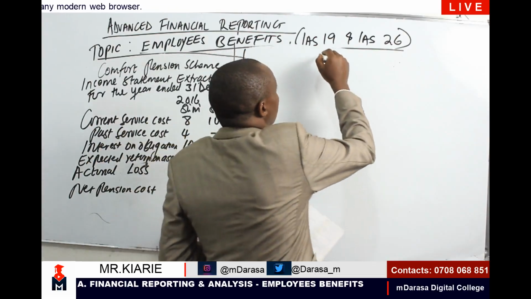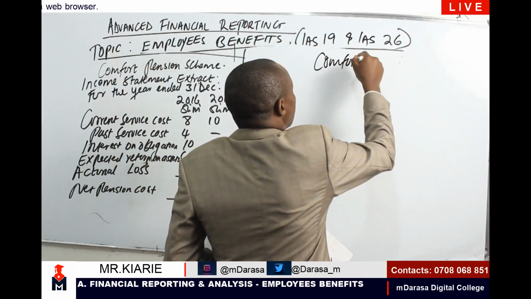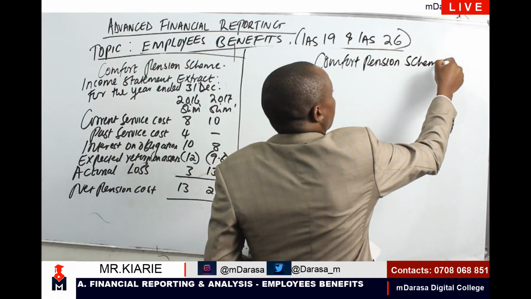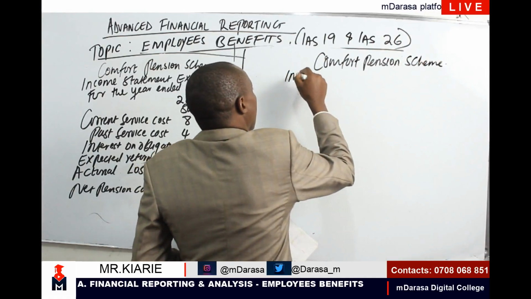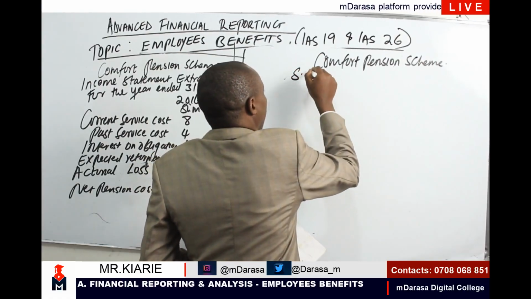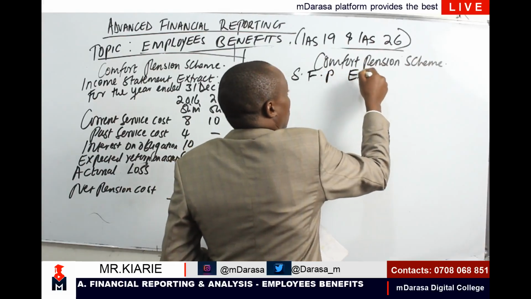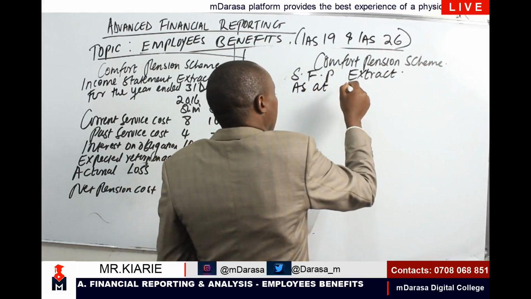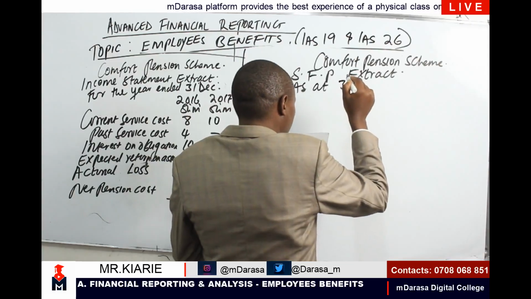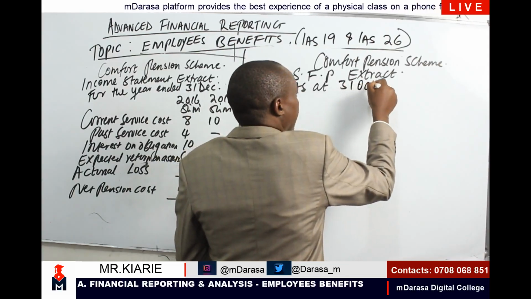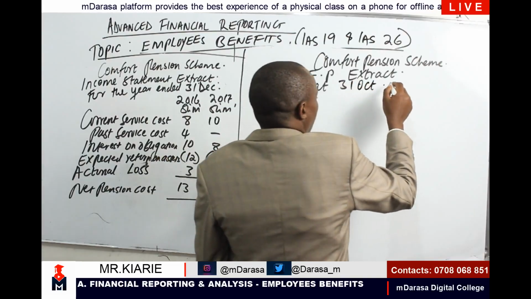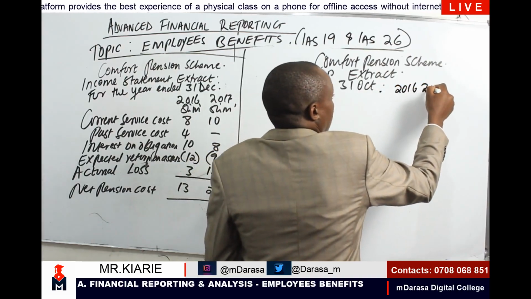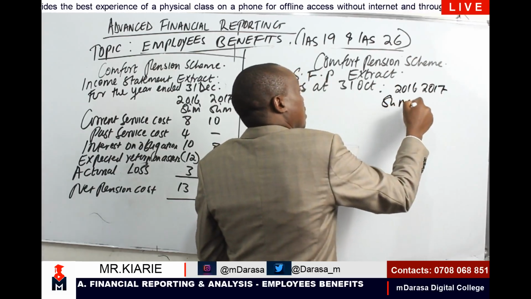So you write Comfort pension scheme, statement of financial position extract as at 31st October, 2016 and 2017. Our figures are in millions.